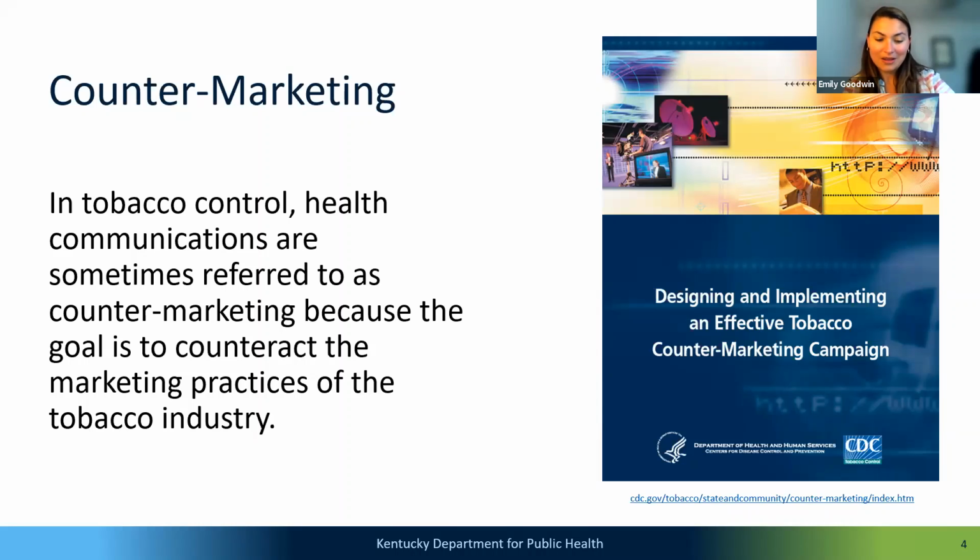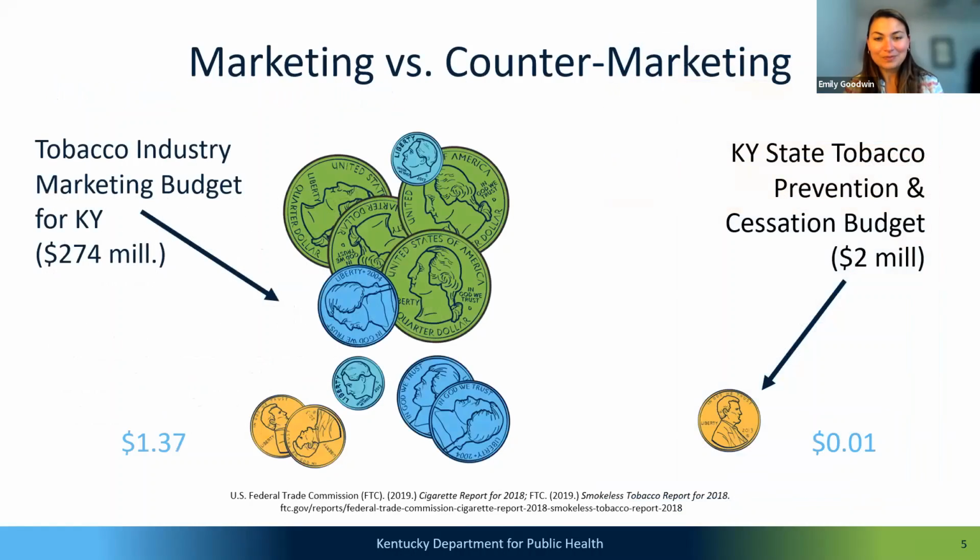But in tobacco control, health communications are sometimes referred to as counter marketing because one of the ultimate goals is to counteract the marketing practices put out by the tobacco industry. So it's important, and we'll get into that in our next slide, because for every penny we spend, Big Tobacco is spending $1.37 in their efforts, and that is a huge difference.